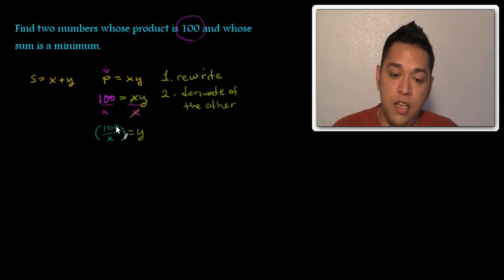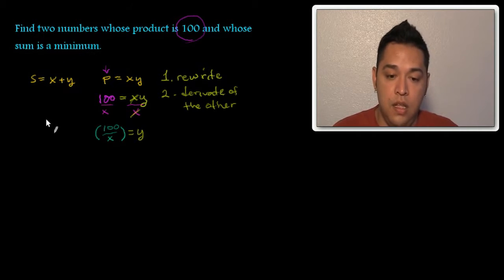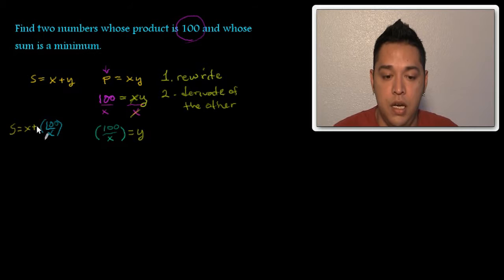We plug this number back into the derivative. So I'm going to have 100 divided by x replacing this y value. So I'm going to have s is equal to x plus 100 over x.